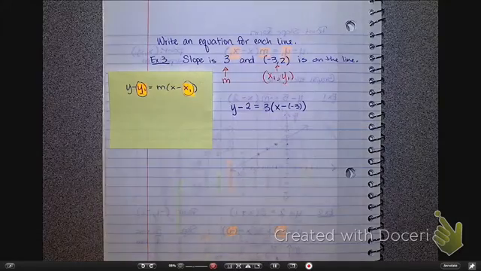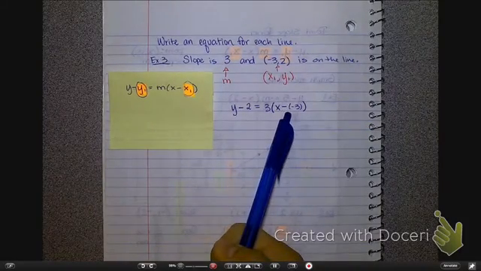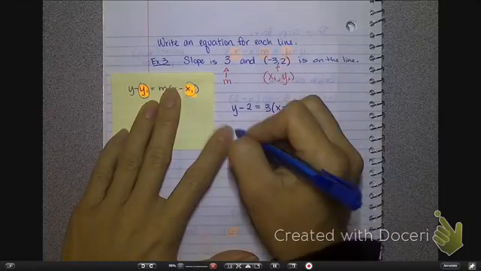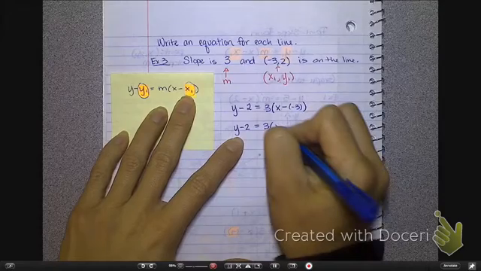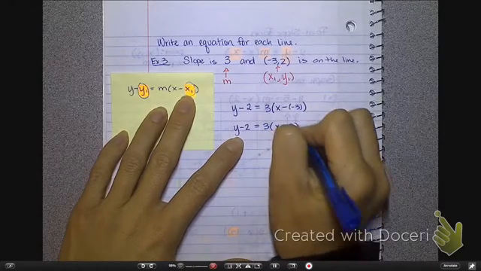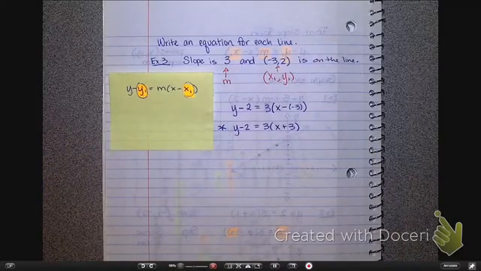Okay, now, if I have a double negative, I'm going to simplify that. So this right here, what can that simplify to? Positive. So y minus 2 equals 3 times x plus 3. Okay? This is my equation written in point-slope form.